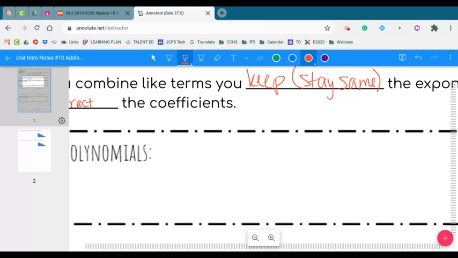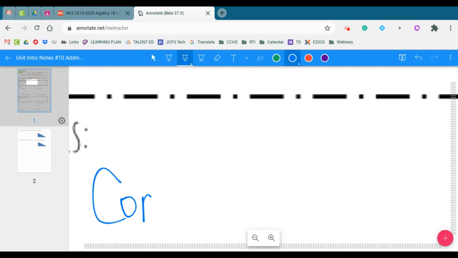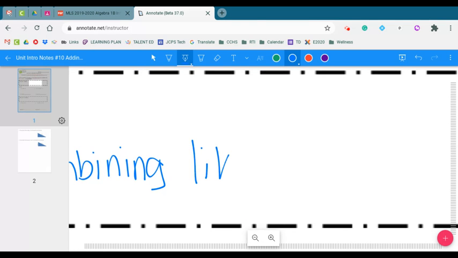So whenever we're adding polynomials, we are just combining like terms.